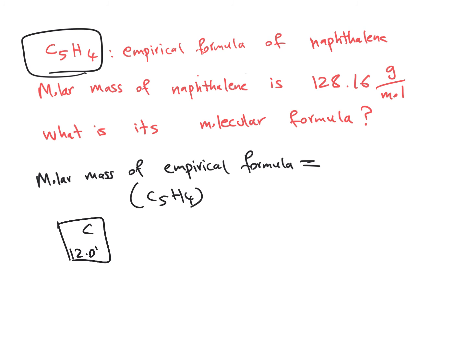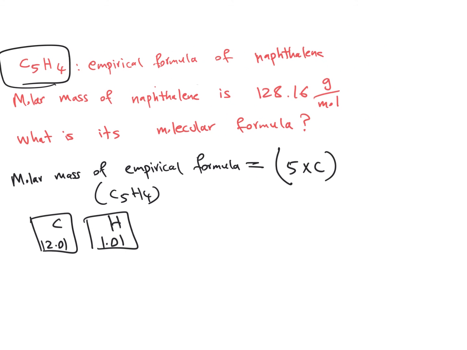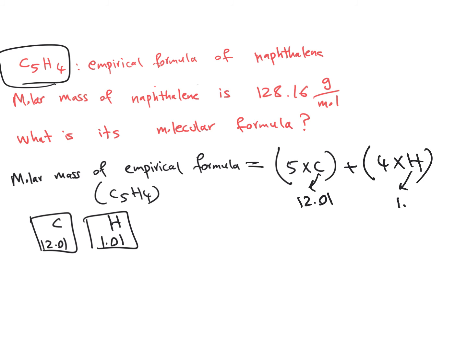You look at your periodic table, read these numbers, and ask how many carbons do I have? How many hydrogens do I have? And then substitute the numbers. After you do that, you get 64.09 grams per mole.